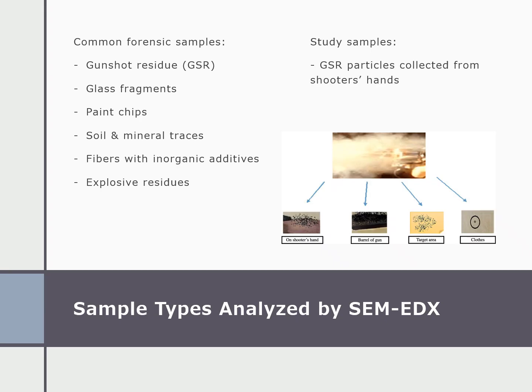In the study reviewed here, researchers collected gunshot residue directly from the hands of known shooters to evaluate the analytical performance of SEM-EDX. The ability to detect, classify, and differentiate these particles makes SEM-EDX an essential tool for firearm-related investigations.